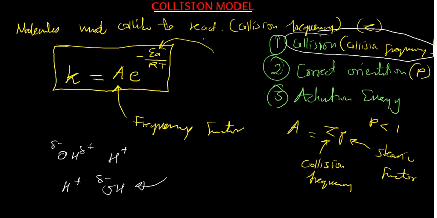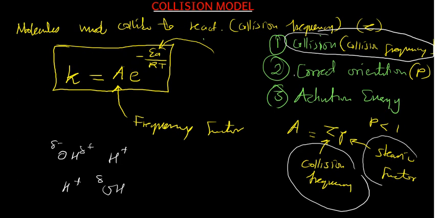Now combining the collision frequency and the steric factor gives us the frequency factor. We can define frequency factor as the total number of collisions per second with right orientation. Collision frequency is the number of collisions occurring per second, and the steric factor is the number of collisions with right orientation.